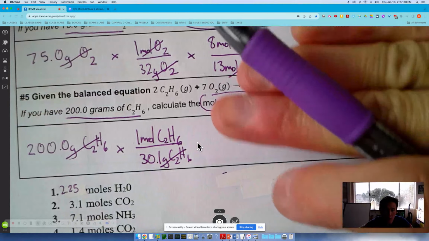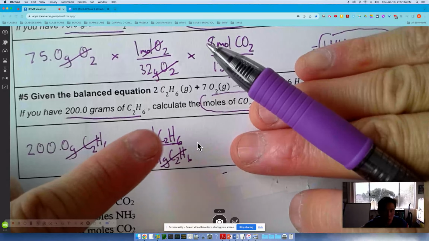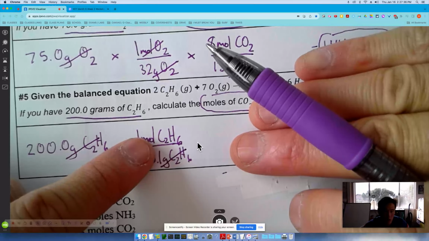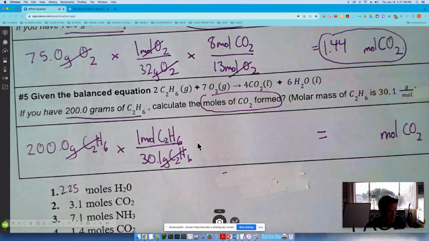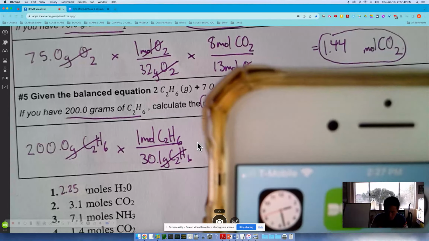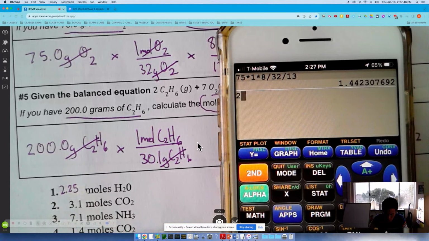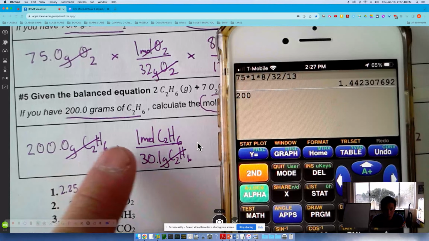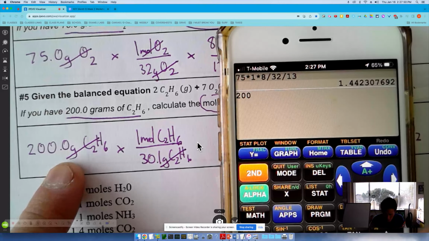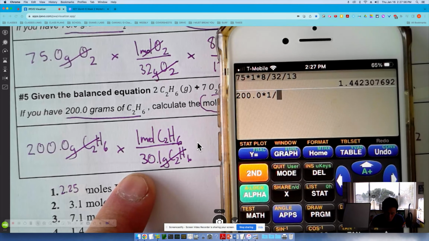Okay, if I stopped right here, this would give me how many moles of C2H6 I have from 200 grams. Let's just do that calculation. Let's do 200.0 times 1, divided by 30.1.